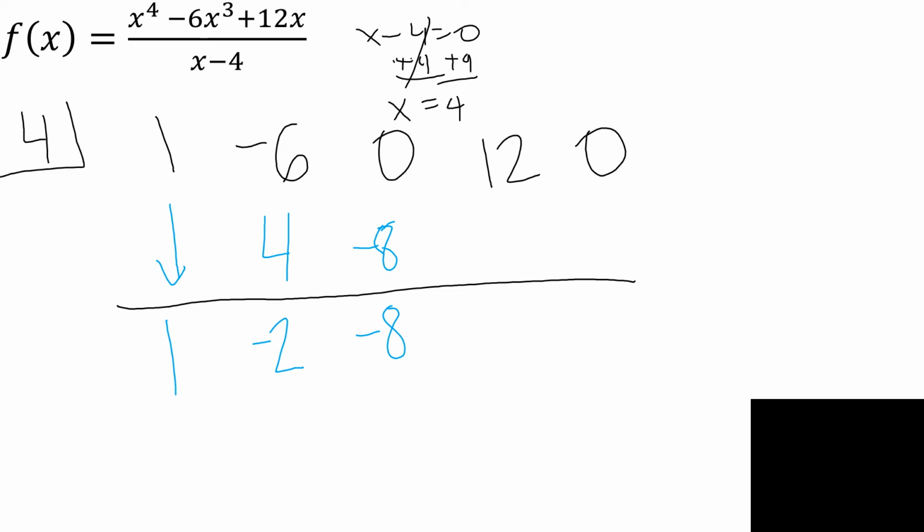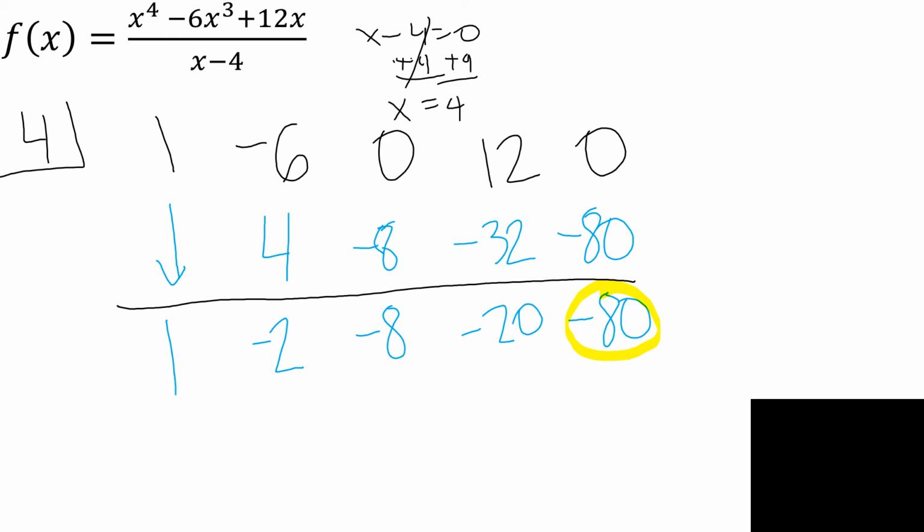Negative 8 times 4 is negative 32. 12 minus 32 is negative 20. Negative 20 times 4 is negative 80, which brings negative 80. And this negative 80 right here is our remainder.